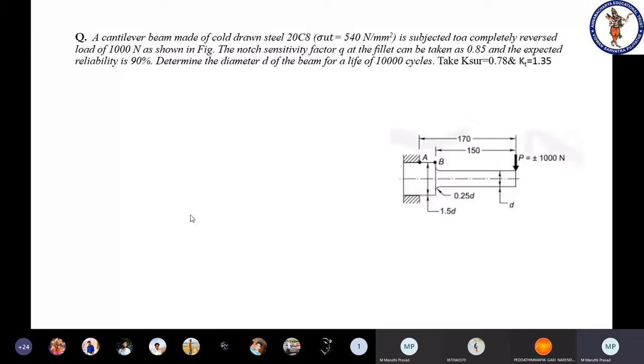The notch sensitivity factor at the fillets can be taken as 0.85, and expected reliability is 90%.